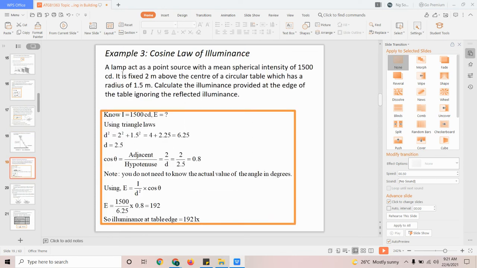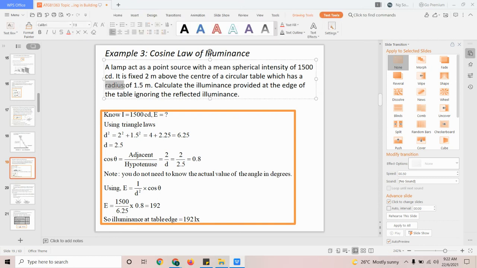When you read your question, please pay attention to it. The question might mention diameter or radius. If it mentions radius, then you can just take the value and put it into the triangle law.